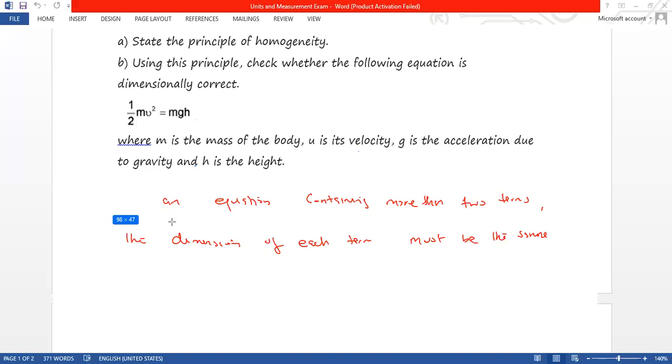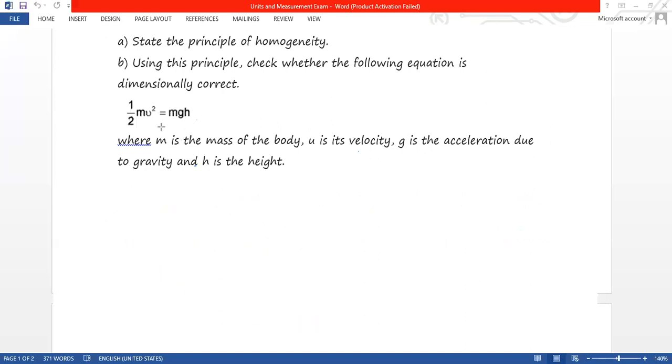Now, what is the second part of this question? Using the principle of homogeneity, check the dimensions of the following equation. The left side is half mv square, that is kinetic energy. LHS equal to half mv square.